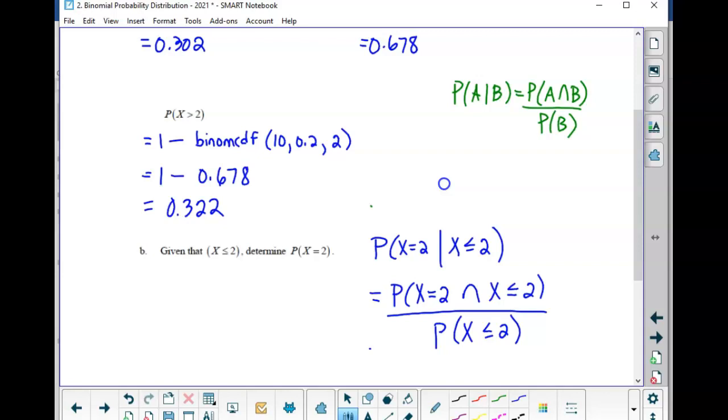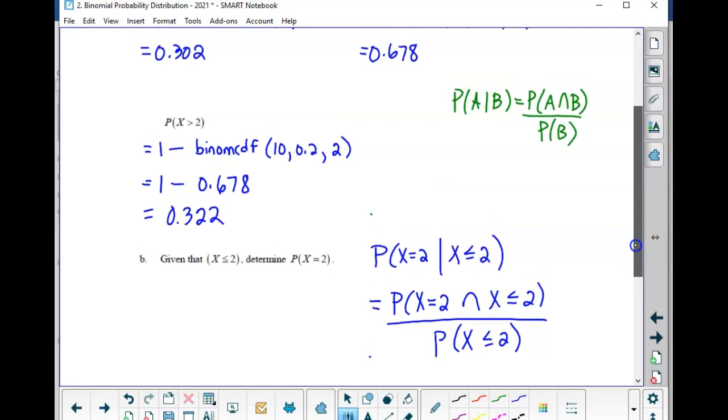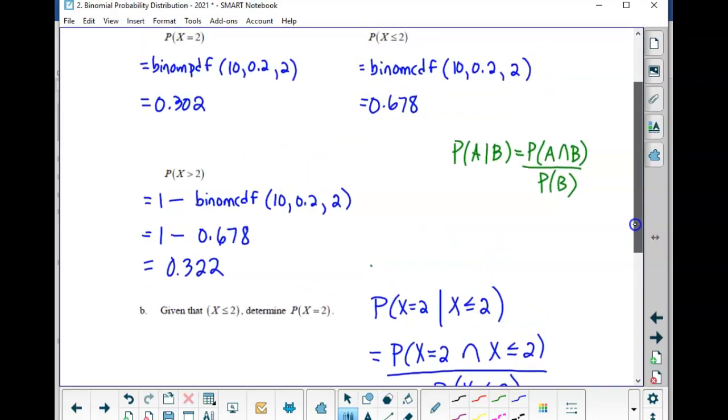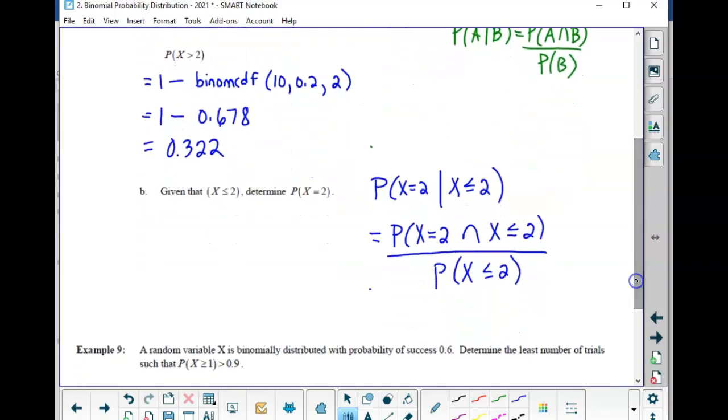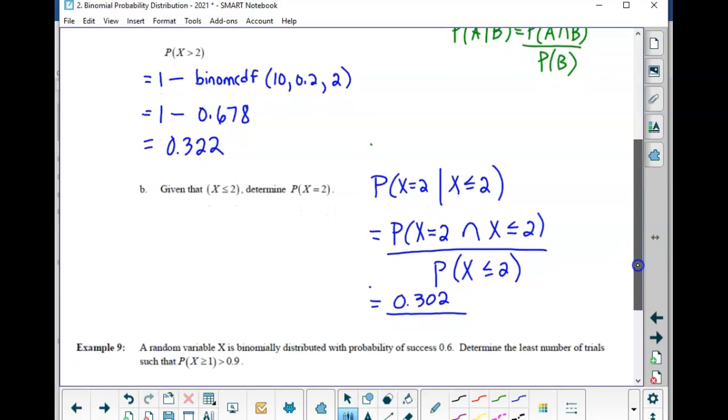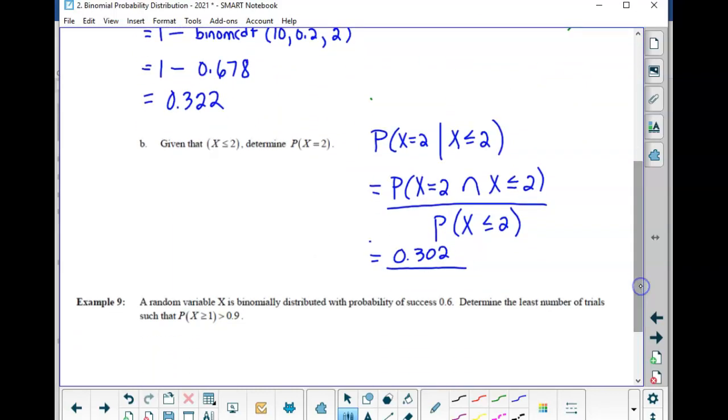If you have x equals 2 intersecting with x less than or equal to 2, x has to be 2. So that we found in the first one. So this is going to be 0.302 divided by the probability of less than or equal to 2, which is 0.678.